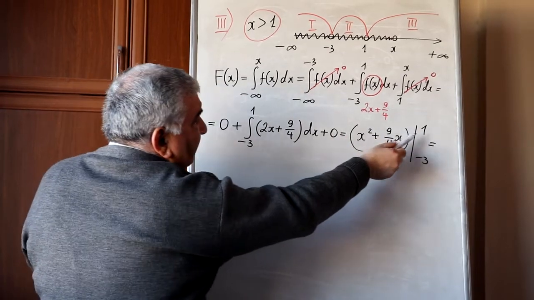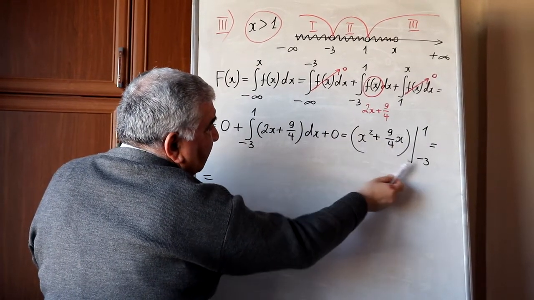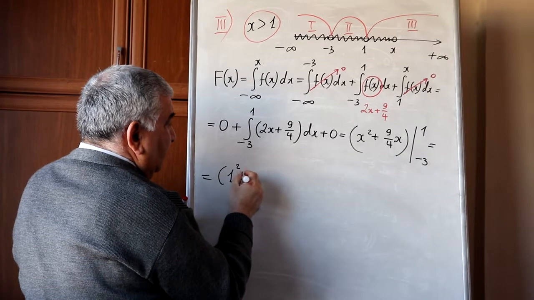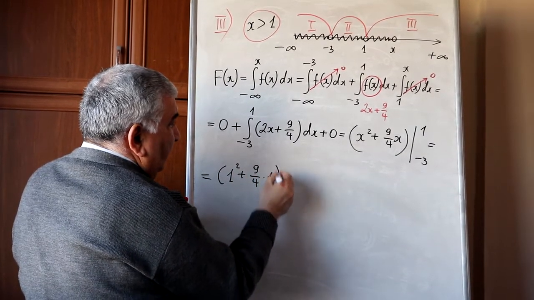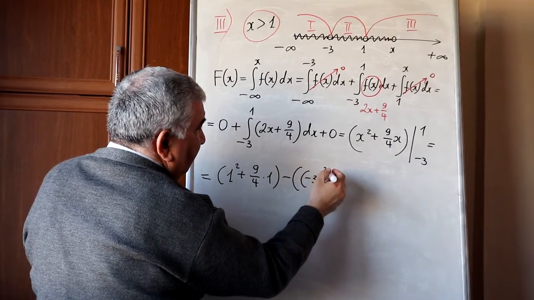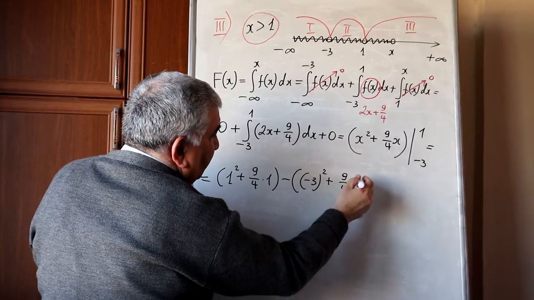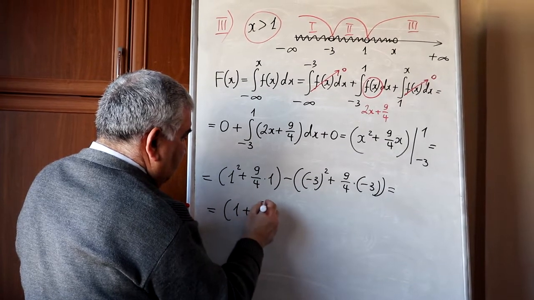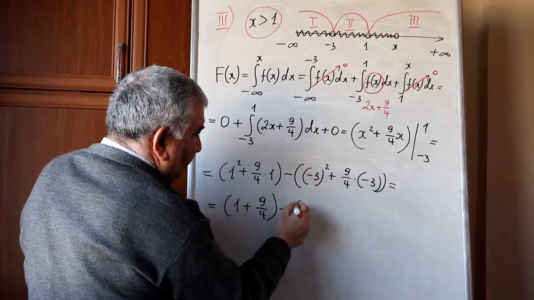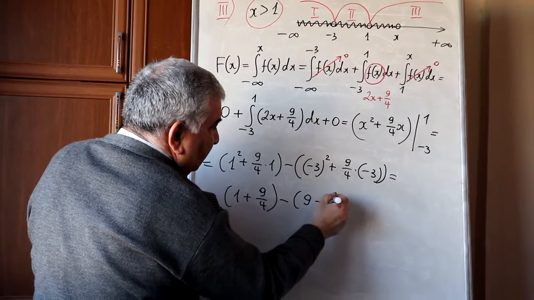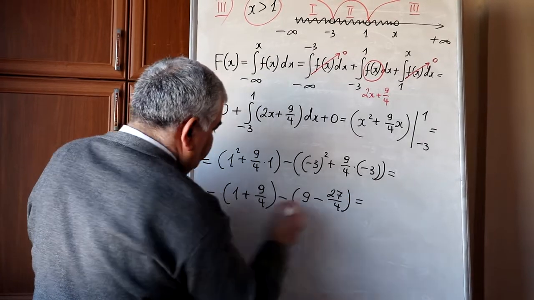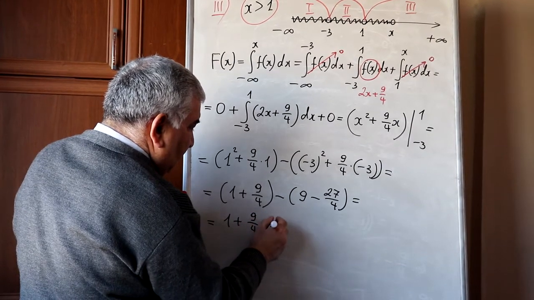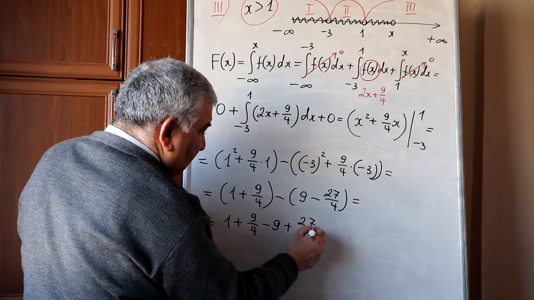First, substitute unit instead of x, subtract, then substitute -3 instead of x. 1 squared plus 9 fourths multiplied by 1 minus (-3 squared plus 9 fourths multiplied by -3) equals 1 plus 9 fourths minus 9 plus 27 fourths equals.